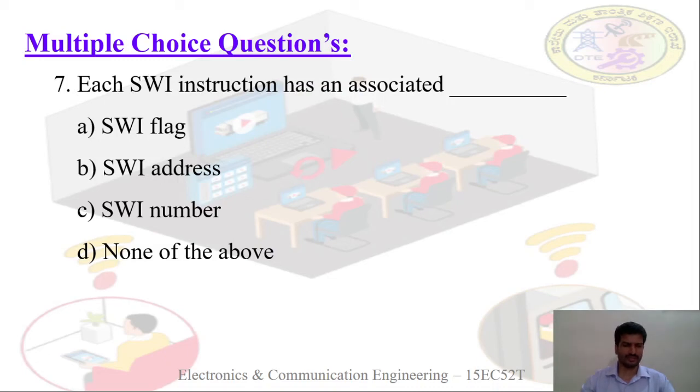The answer is option C, SWI number. In the syntax we have SWI followed by some number, so you need to mention some number. So option C is the right answer.